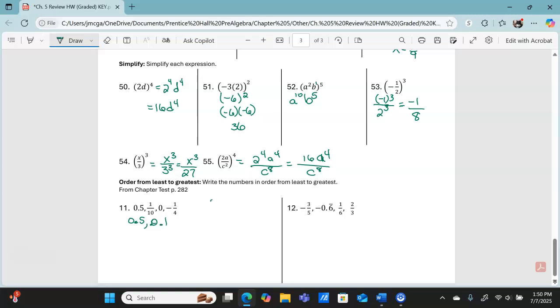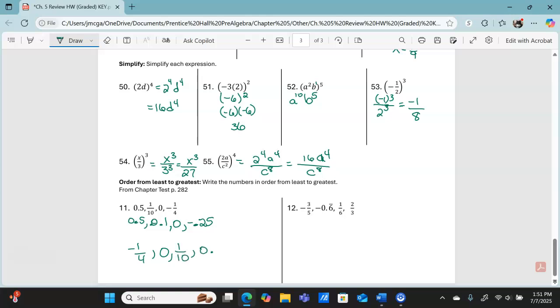Remember, move the decimal 1 to the left when we divide by 10. And then negative 1/4 would be negative 0.25. So the negative 1/4 is the smallest. And then 0. And then 0.1, which is the 1/10.